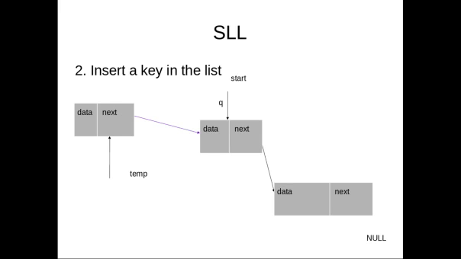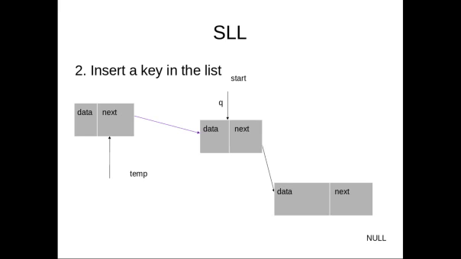Suppose in the list there is a series of numbers, like 1, 4, 6, 10, and I want to insert another key element, suppose with value 15, in the list. So how do you do that?